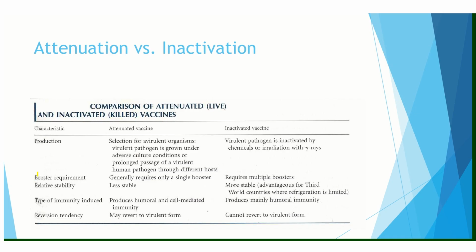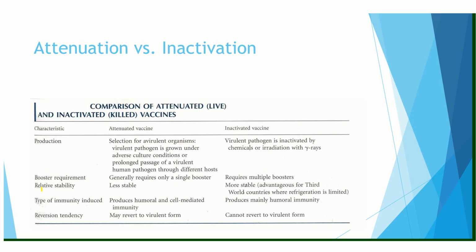For example, in the production of attenuated vaccine, there is selection for an avirulent organism. A virulent pathogen is grown under adverse culture conditions or through prolonged passage of a virulent human pathogen through different hosts. For booster requirements, attenuated vaccine generally requires only a single dose, but inactivated vaccine requires multiple boosters.